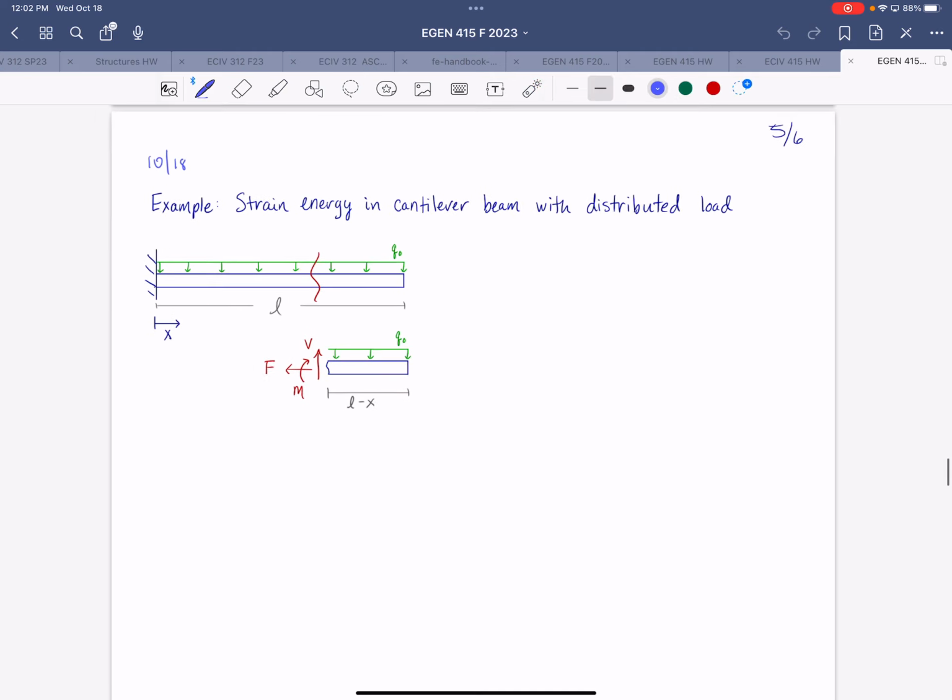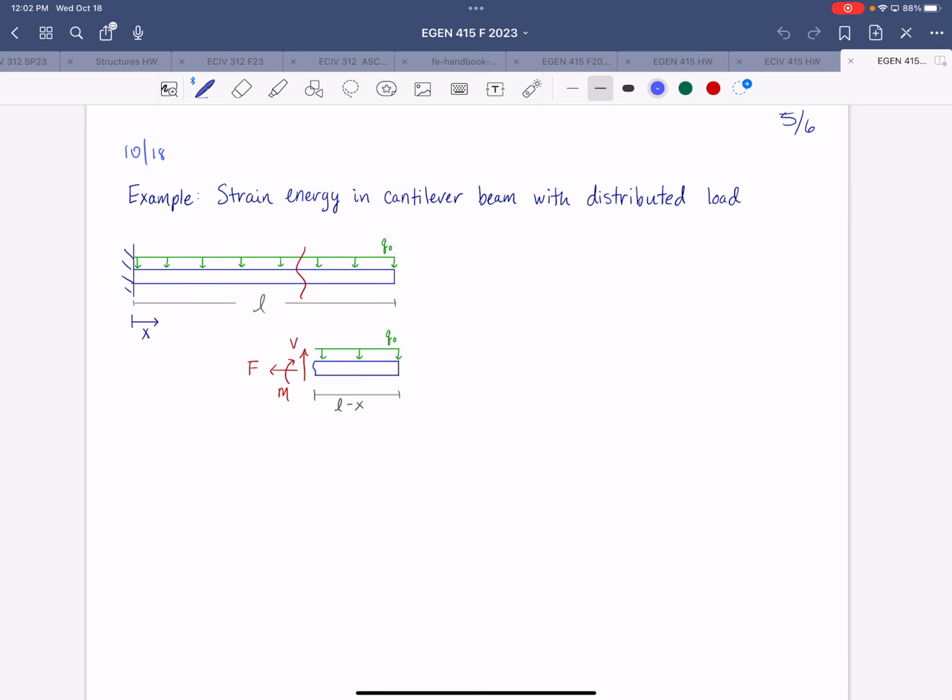So here we're going to assume that there's no axial force. We can see that there's no axial load, so based on that, we'll assume axial force is equal to 0. We'll also assume that the beam is very thin, which means we can neglect the effects of shear.